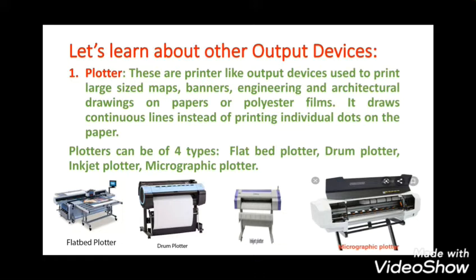Inkjet plotters are used generally for large outputs such as banners and large signs, often seen along the roadsides. Fourth one is micrographic. Micrographic plotter is a device which draws vector graphics on microfilms. Students, you can see the pictures of all 4 types of plotters.